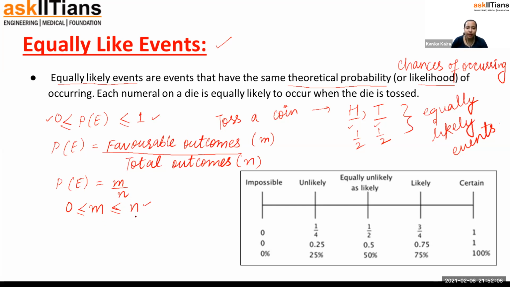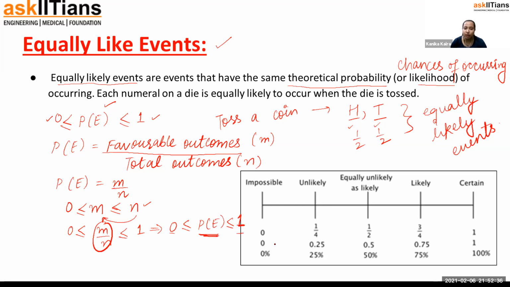Now, if I take this to the other side, like you simply solve linear equations, so it would be m by n, which lies between 0 to 1. So this can be written as probability of event E. So that means you have 0 less than or equal to probability of event E less than or equal to 1. That means probability of any event E lies between 0 and 1, where 0 and 1 are included.